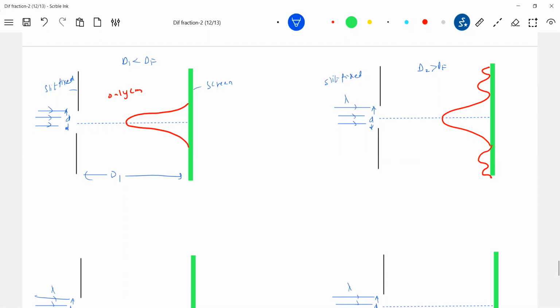So here what is the comment? Ray optics is valid for D1. And there's a distance D2, where ray optics is invalid.